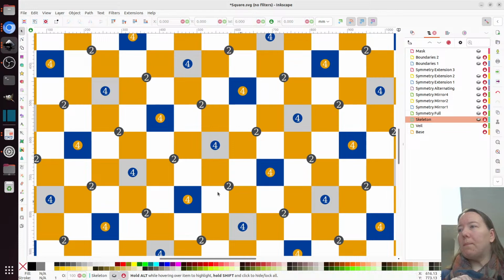Extension 3 has blue, white, gold, and gray, so still 4 positions, but they're arranged differently so that the position of twofold rotational symmetry is not in a square. That actually makes this easier to design in.